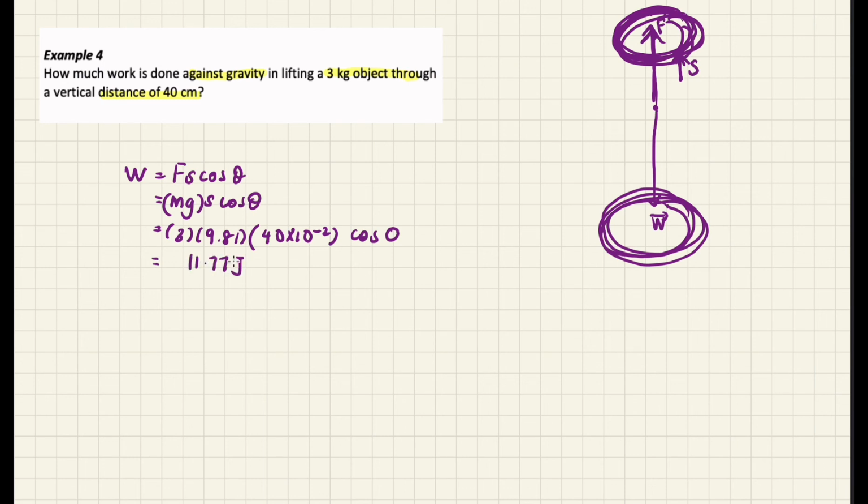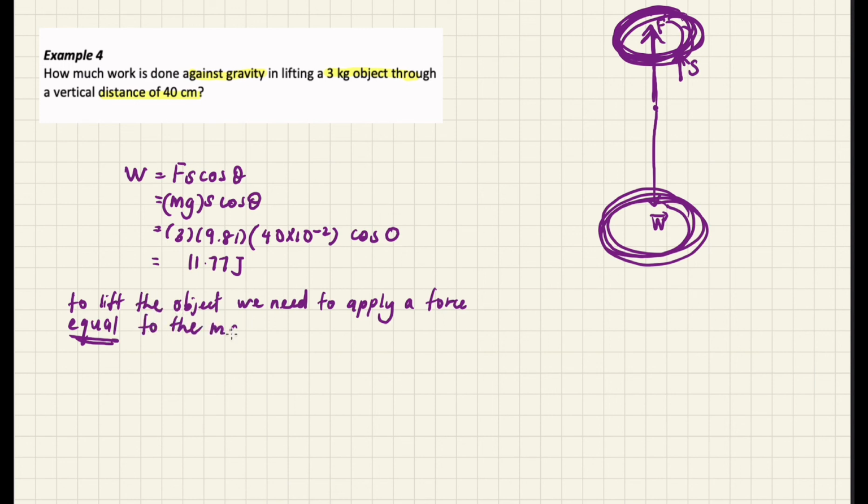joules. Then kita boleh buat ayat to lift the object, we need to apply a force equal to the mg, to the weight lah, to overcome the downward gravity.